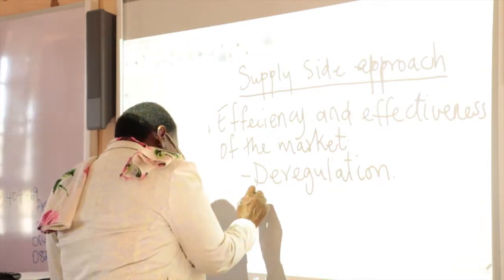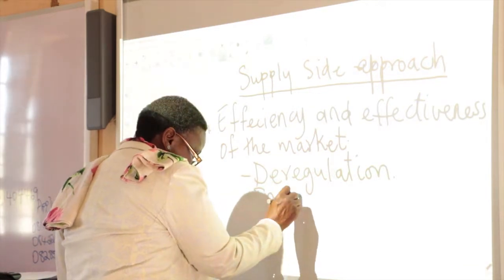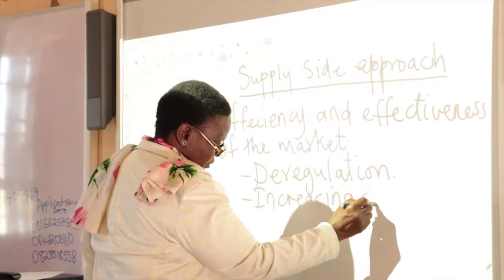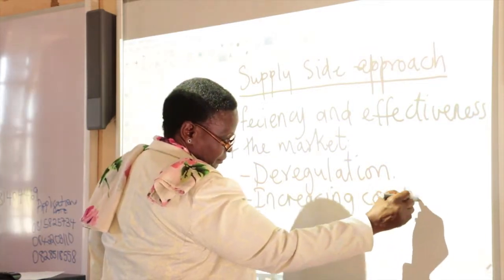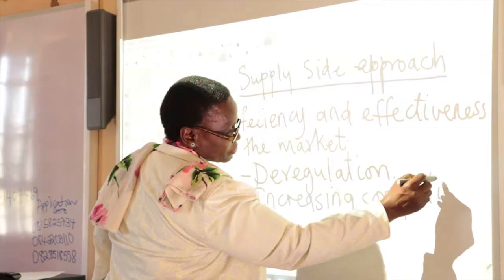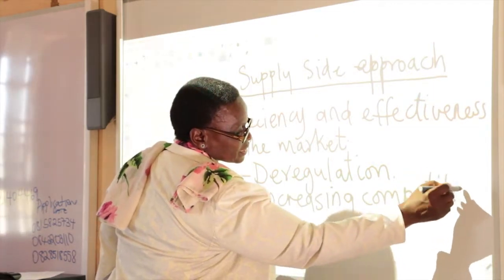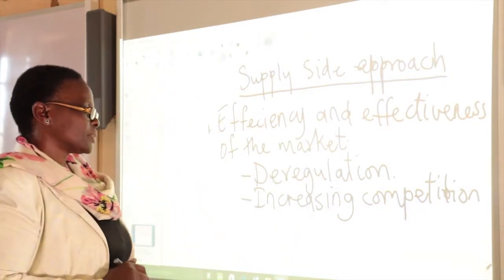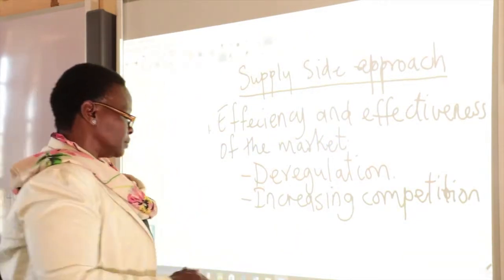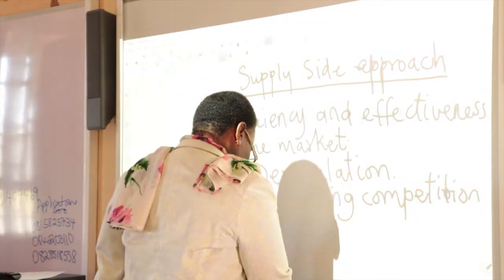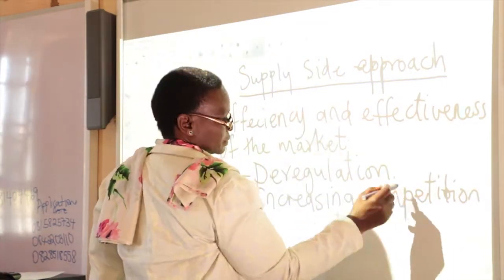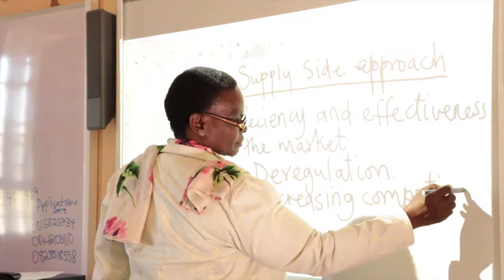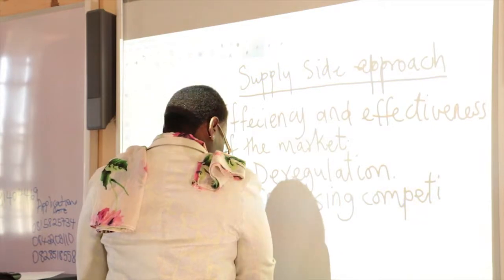Also increasing competition. Now how do we achieve this competition? Now this takes us to our imperfect markets, you will remember from our markets that there are barriers.